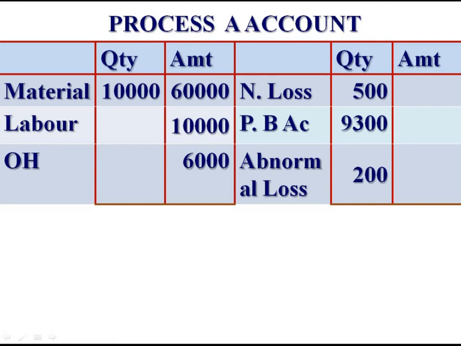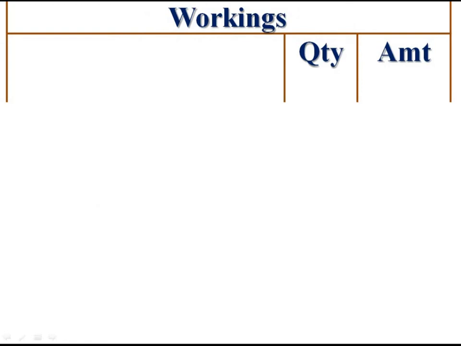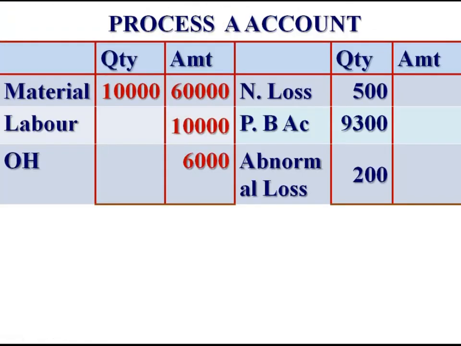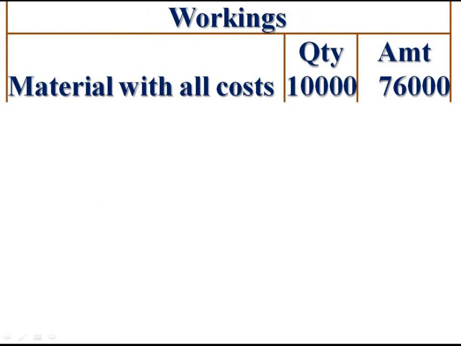Then we have to compute the value of abnormal loss and output. We are entering into workings, two columns, quantity, amount. In the debit side, the total material 10,000 in quantity, total cost 60,000 plus 10,000 plus 6,000, 76,000. Quantity 10,000, amount 76,000. It is the material with all costs, 10,000 units, rupees 76,000.